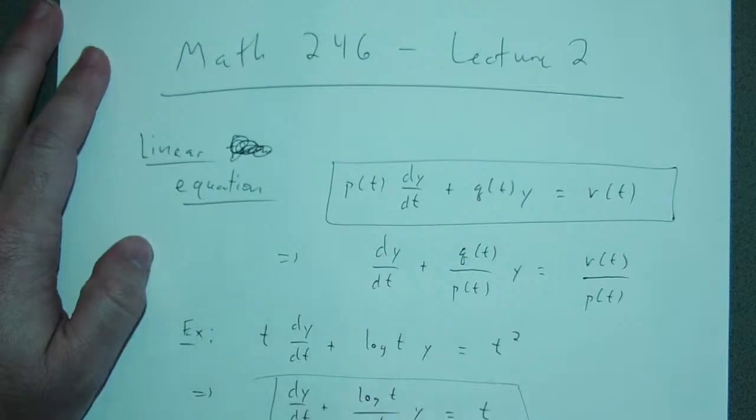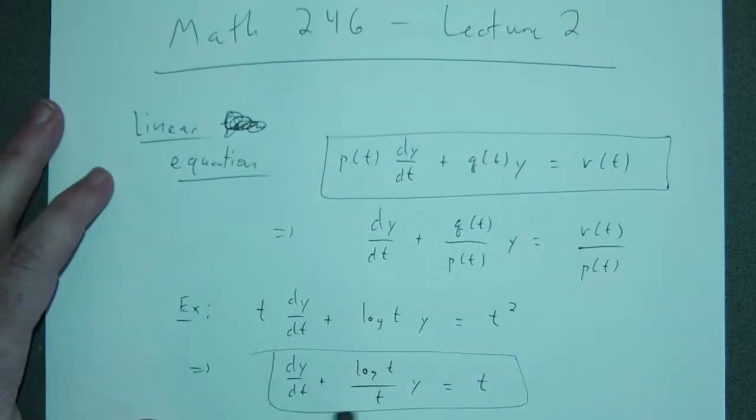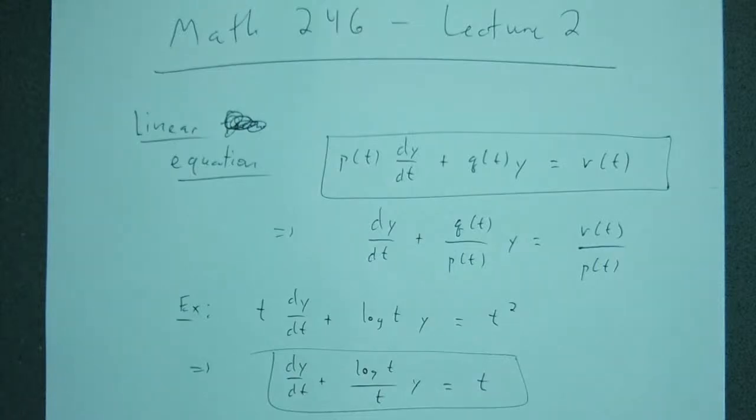But I've divided through by this t, and now I've introduced some issue. Of course, this is log t, so it already had an issue at 0. But if this wasn't log t, if this was just 1, dividing through by t would introduce an issue where at t equals 0, this is now a function that is undefined.